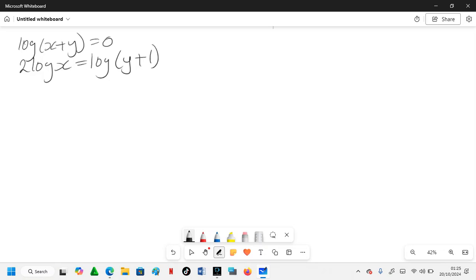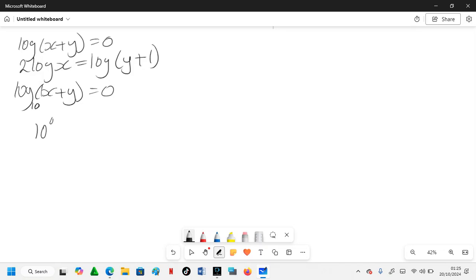So what I'm going to do is deal with the first equation first, okay? Remember we are given log of x plus y is 0. That means it's obviously at the base of 10.